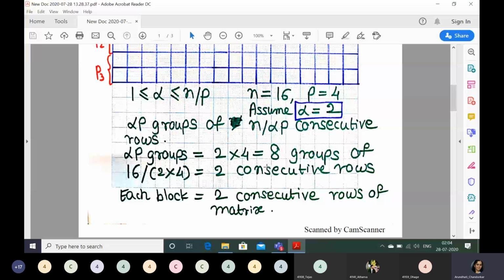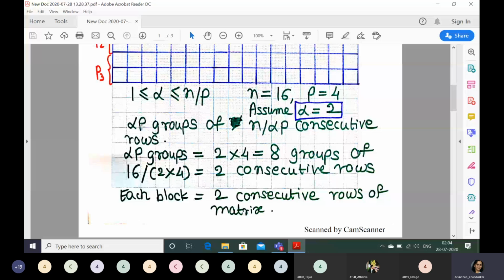So the thing is that alpha p groups we are creating, that means 8 groups, and we are allocating the processes in a wraparound fashion, because we are with block cyclic. So just see, per group or per block there are 2 rows. So the whole n by n matrix, 16 by 16 matrix, is divided into 8 groups. Are you with me?